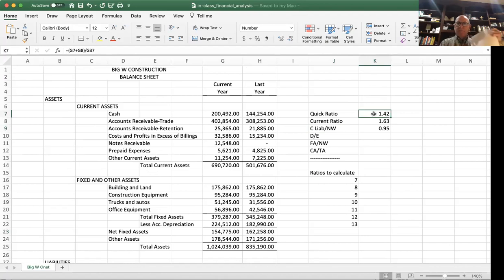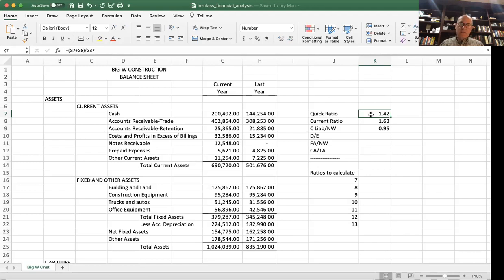Okay, let me get my notes back. So remember the quick ratio. If we look at the definition of the quick ratio, what do we have on hand that we can turn into cash very quickly, to take care of current liabilities?